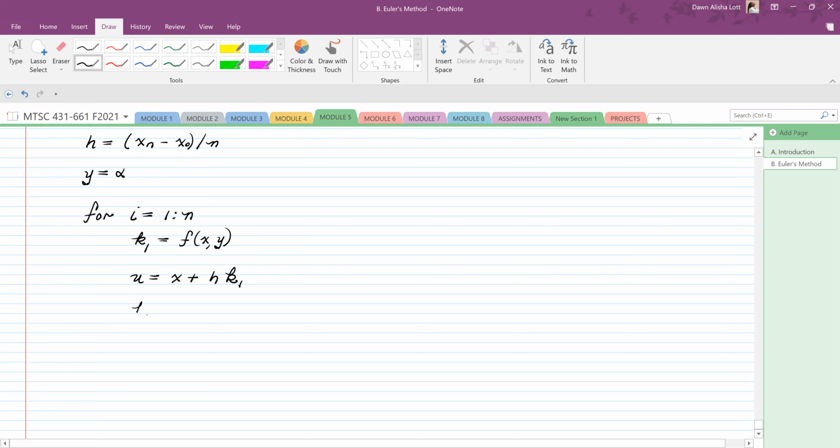Then xp is equal to x plus h. Then K2 is equal to f of x plus h, u.